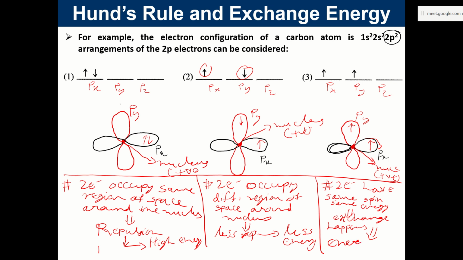The energy released when two electrons are occupying two degenerate orbitals, and they have same energy, same spin. Then due to the mutual exchange, there is some energy released, which is called exchange energy. So this decrease in energy is exchange energy. We say that exchange energy is a negative term.